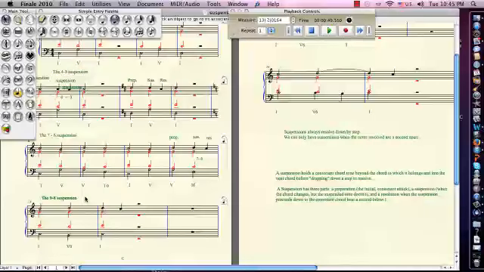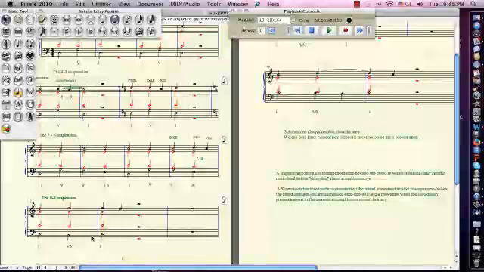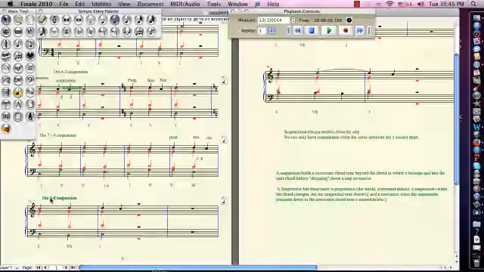And again, the elements of the suspension have not changed. The baseline, however, determines what kind of suspension we're dealing with here. All right, so the 9/8 suspension involves the 1 going to a 5/6 and then going back to the 1.